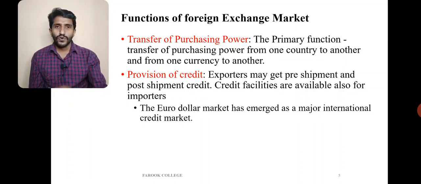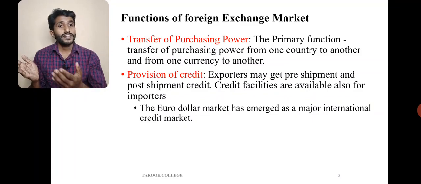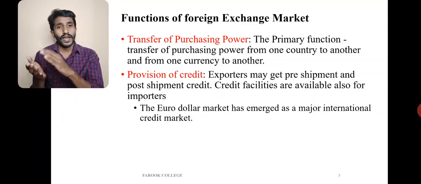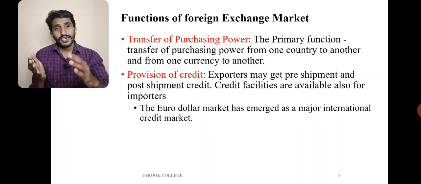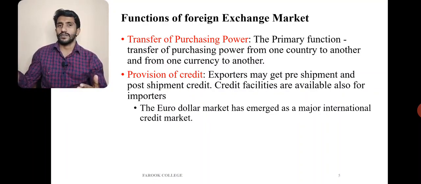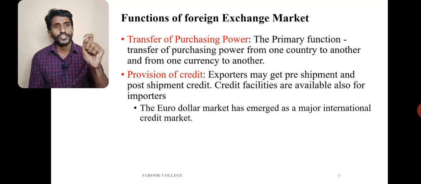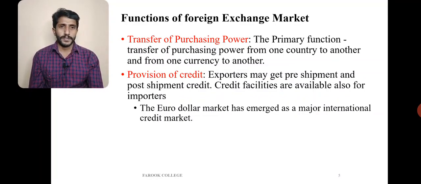If we are in India, we might have rupees in our hand, but if we go abroad, these rupees cannot be used there, so we need different currencies. So ultimately we are transferring our purchasing power from rupees to dollars or any other currency. It is the main function of the foreign exchange market.